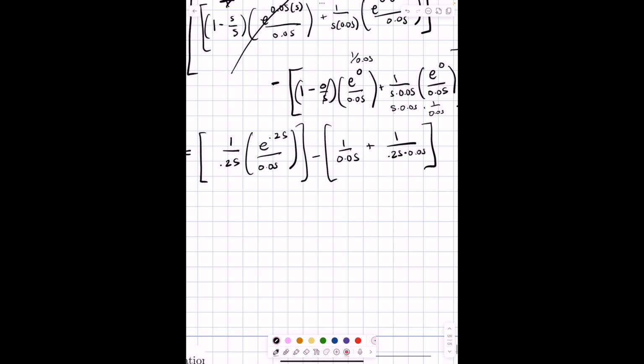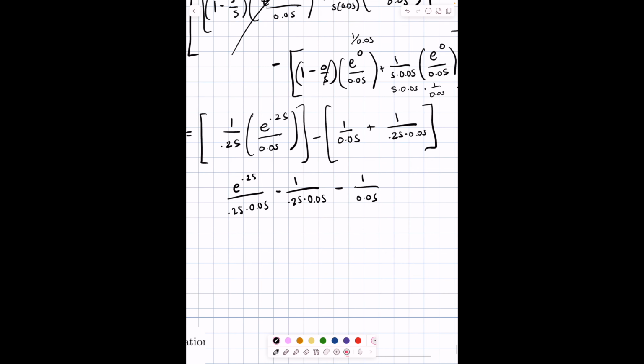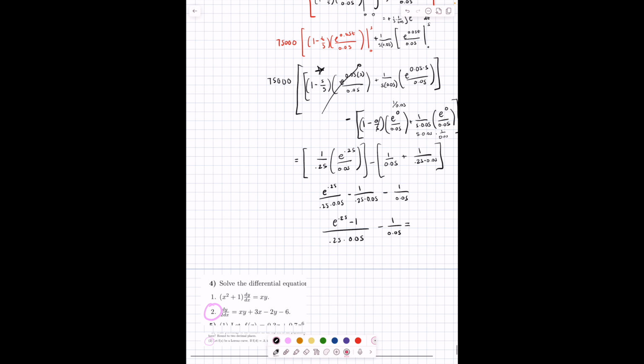Okay, now we keep simplifying. I have e to the 0.25 over 0.25 times 0.05. I can actually subtract this one because they have the same denominator. I can subtract: e to the 0.25 minus 1 over 0.25 times 0.05 minus 1 over 0.05. And from here, I'll just plug it into the calculator.